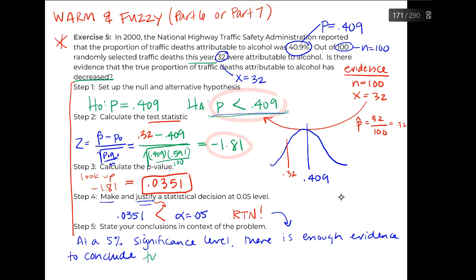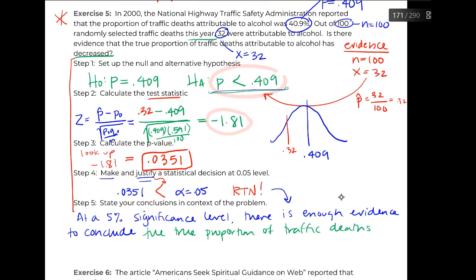To conclude that the true proportion, that's what P is, right, of traffic deaths attributable to alcohol this year is less than 0.409.